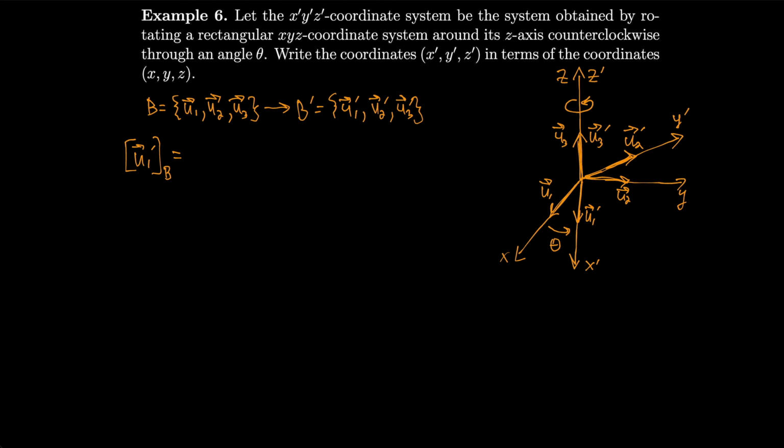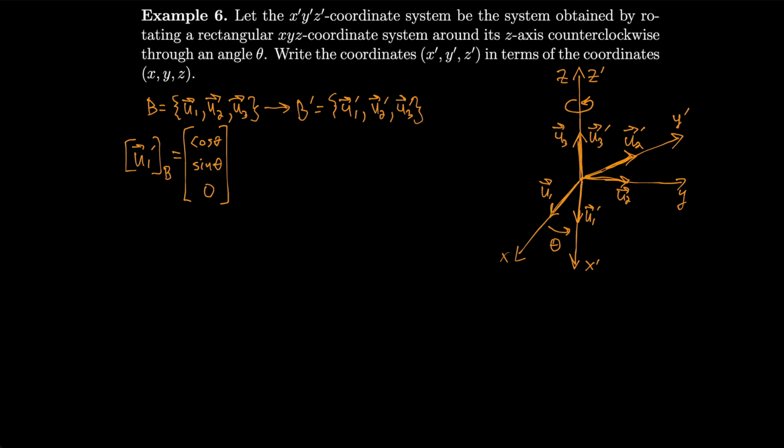It doesn't really matter how you draw your picture as long as you're a little bit consistent when you're doing your deductions. So if I'm going from u1 to u1' in my picture, then that means that I should have cosine for x, sine for y, and then the z will just be 0, not changing z at all.